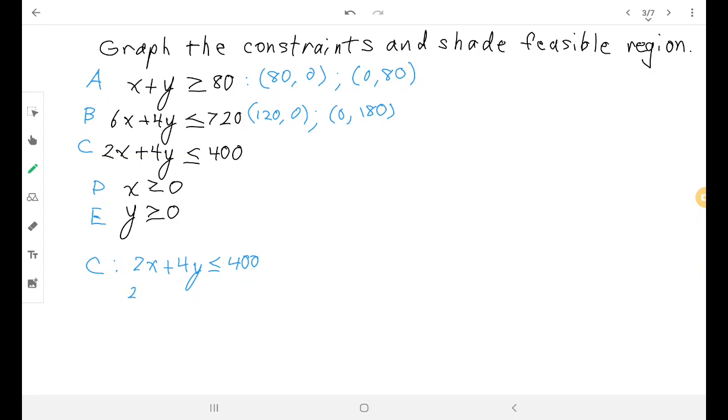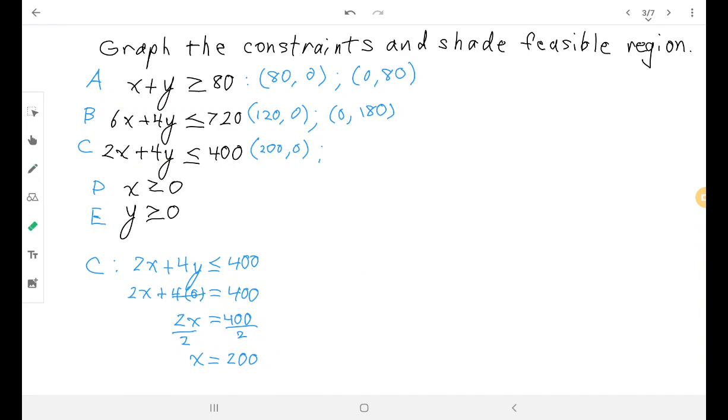That's the x value when the other one equals 0, and we'll set it equal to 400 and solve. 4 times 0 is 0, so 2x plus 0 is 2x equals 400. Divide by 2, divide by 2, and x equals 200. So our x-intercept is an x value of 200, a y value of 0.